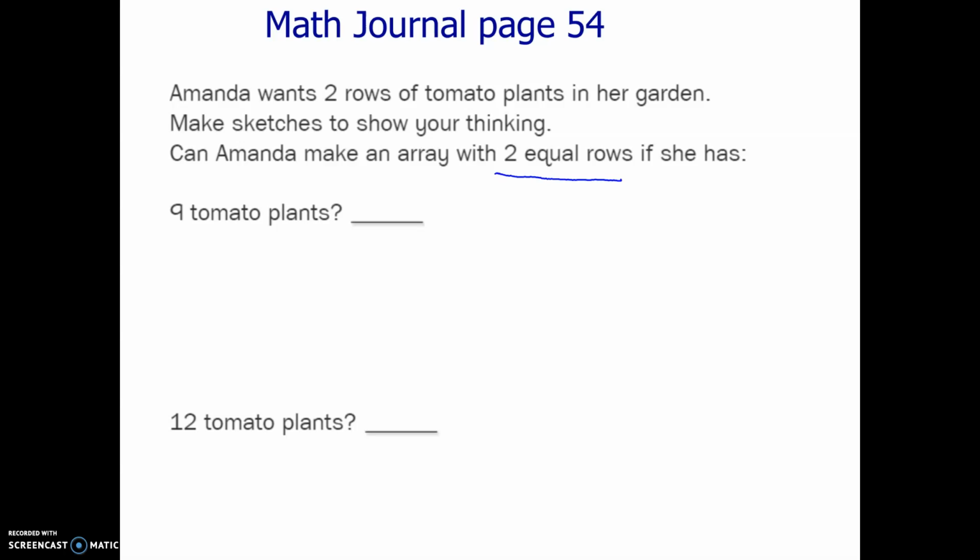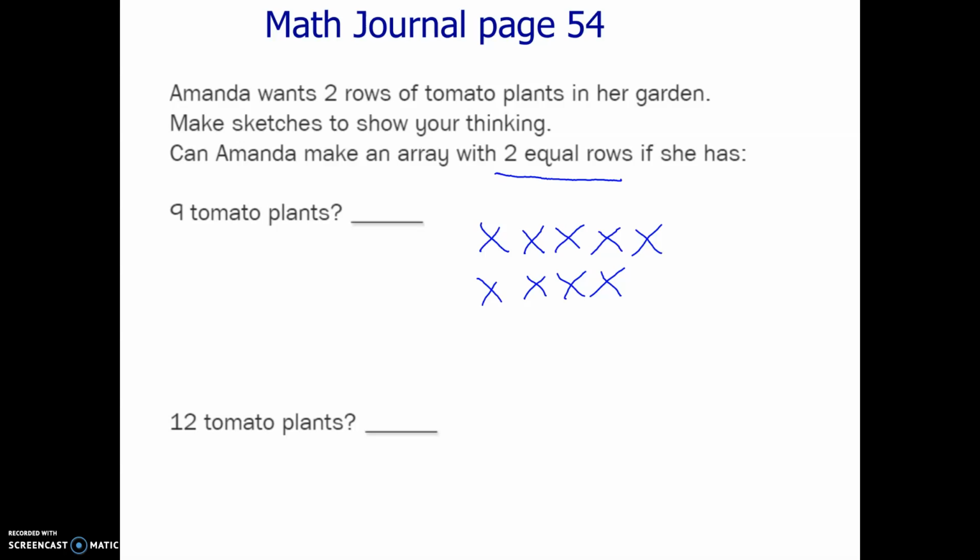So if I have, let's see, I know that 5 and 4, that's 9. But are they equal rows? No, because the top one has 5 and the bottom one has 4. Well, that's not going to work. Let me try something else.